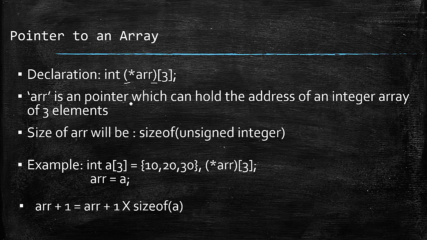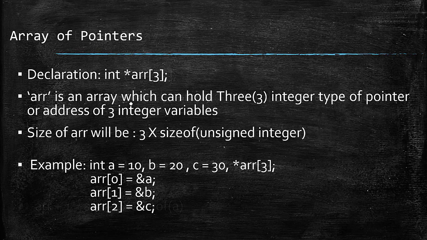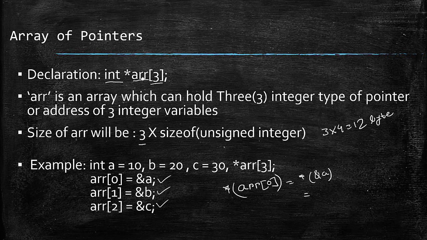In the precedence table, the square bracket or the array operator has higher precedence than the pointer operator. So in the first case, as we are not using the parenthesis, it is firstly an array for this square bracket, then a pointer for this asterisk.